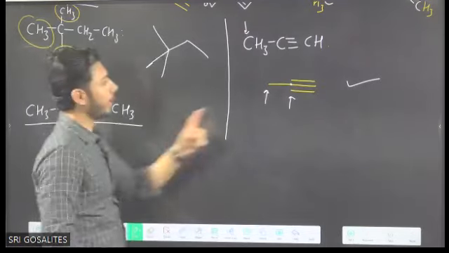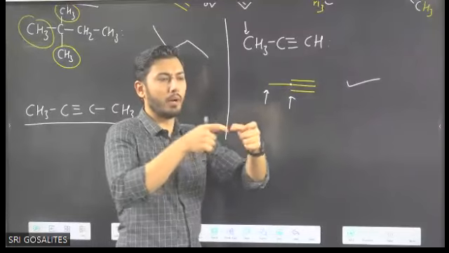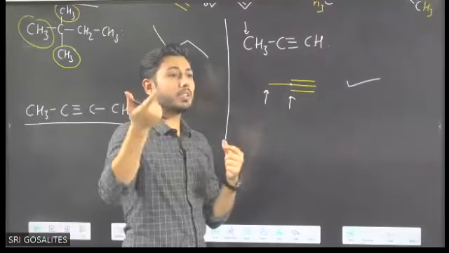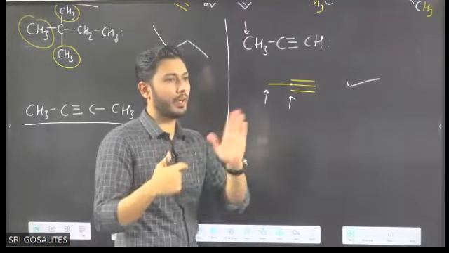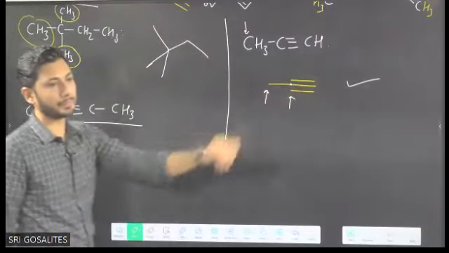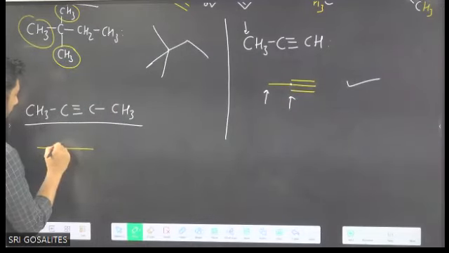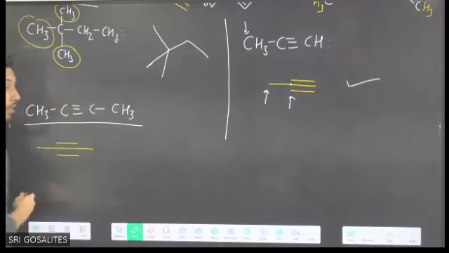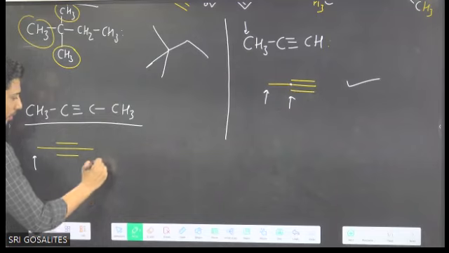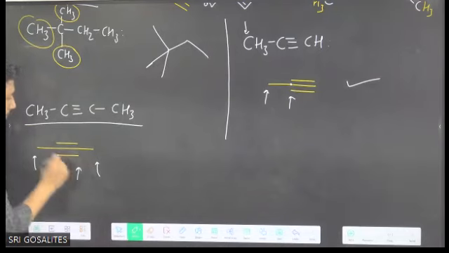In V shape, we cannot write the triple bond. Why? Because the bond angle should be 180. This comes from hybridization. Right now, just write it like this; hybridization will be done later on. In this case, the structure will be like this. This initial point is carbon, this point is also carbon, and there it is carbon and carbon like this.